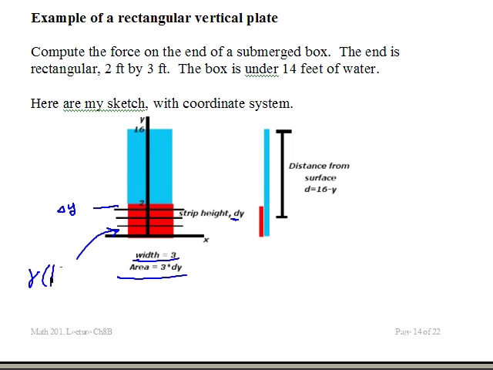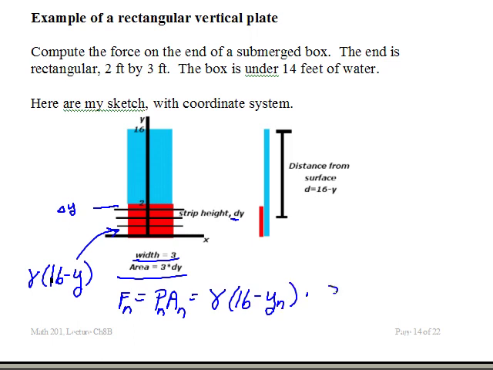So that's 16 minus y. The force is pressure times area. Pressure is the specific weight times the depth of the water at this particular strip. Let's say this is the nth strip: gamma times 16 minus y_n times the area, which is 3 times delta y. And that's what we're doing here.